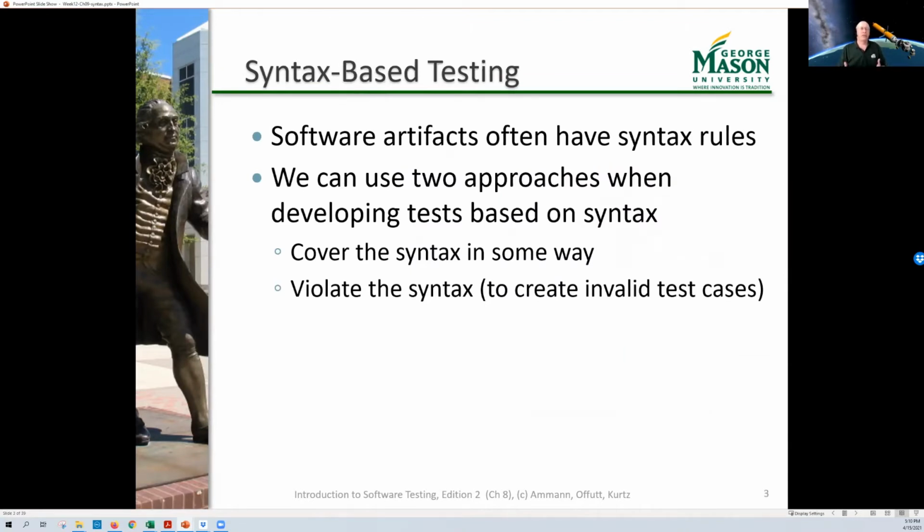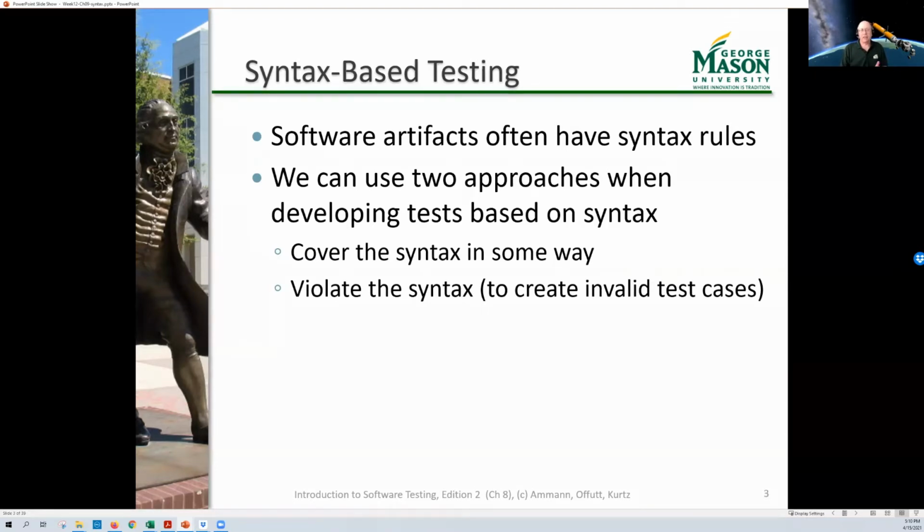So when we want to do syntax-based testing, we're relying on the fact that the artifacts that we're testing, source code, for example, tend to have syntax rules. And when artifacts have syntax rules, we can use two approaches to develop tests. We can either look to cover the syntax in some way.